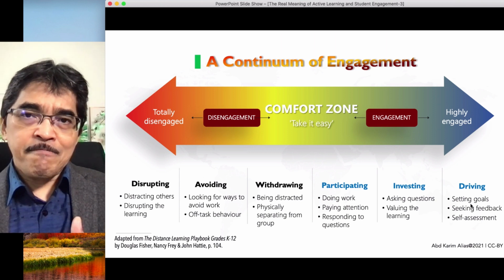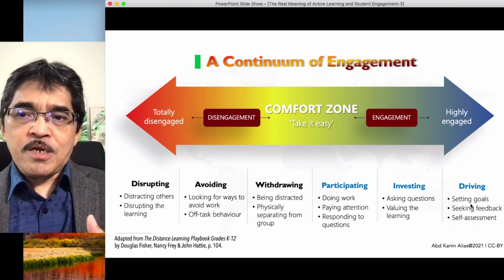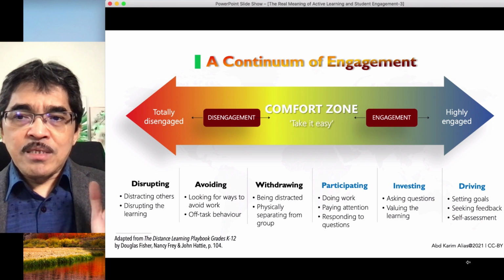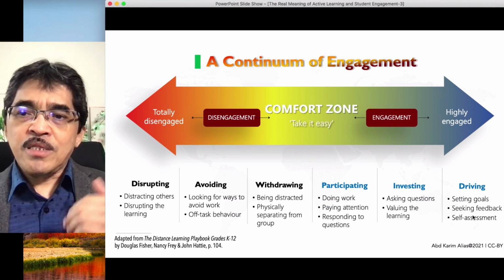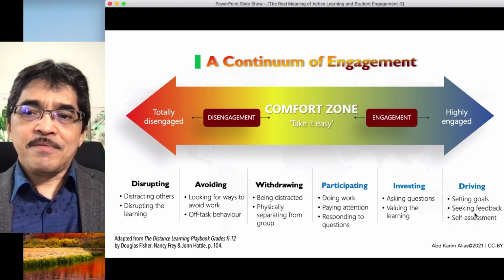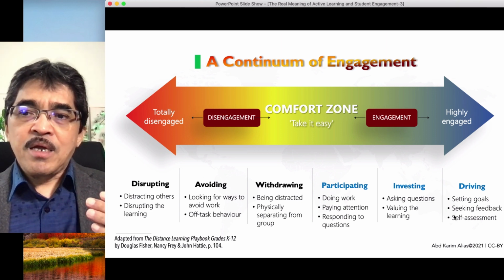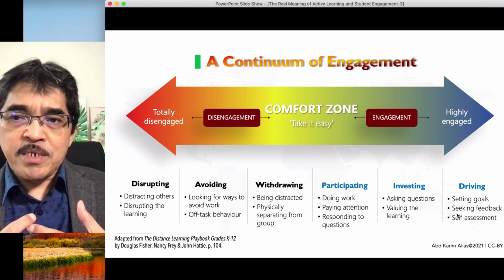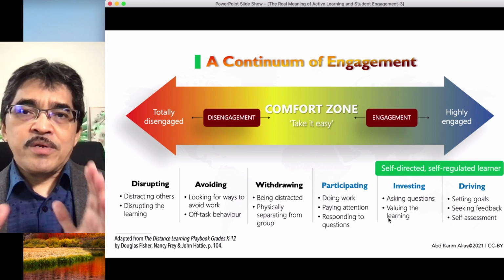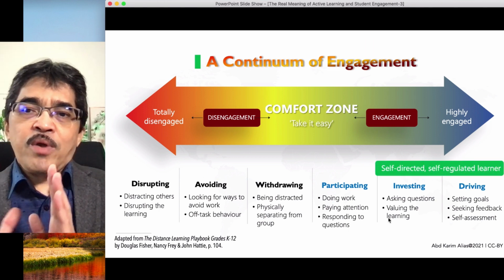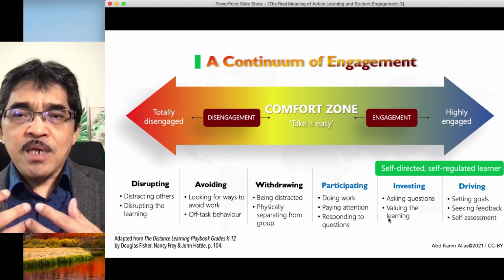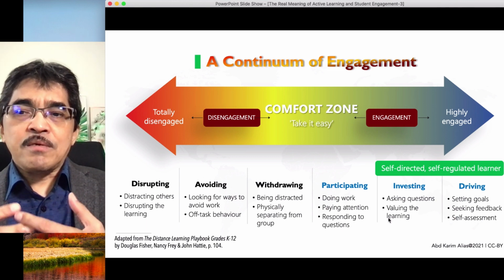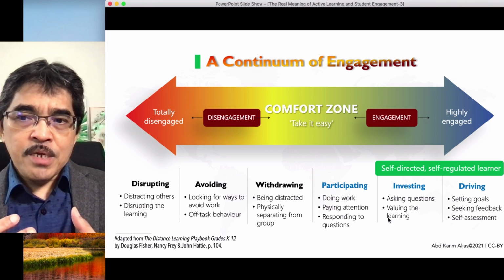They are self-driven, highly motivated. And we can also see the signs when the students are highly engaged, they start seeking feedback, and they do self-assessment. So this is on the spectrum where students are highly engaged. We get the students to be self-directed and self-regulated learners.